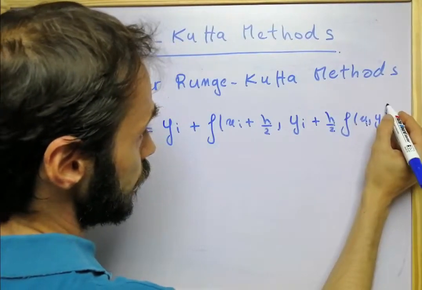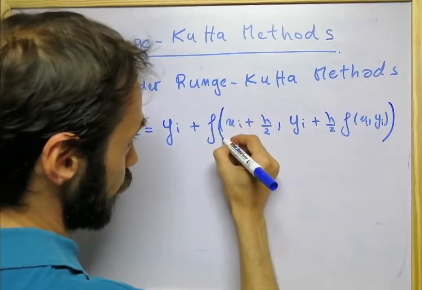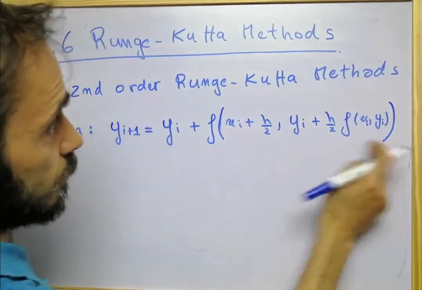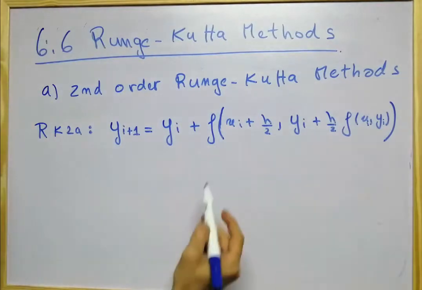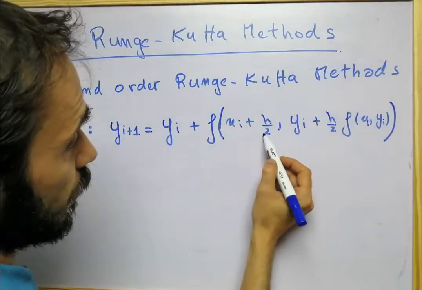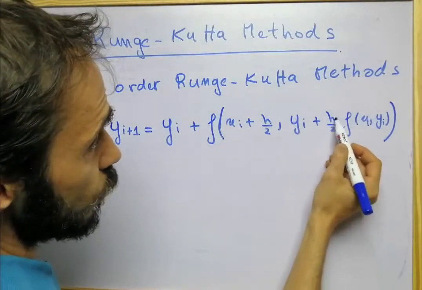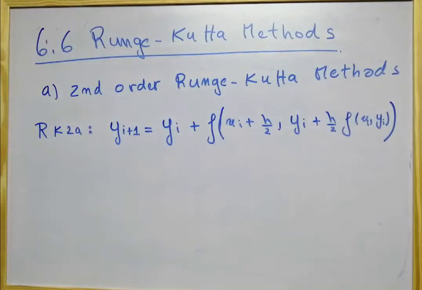Okay, so the parenthesis is in front of all of this. So it's f of x i plus h over 2, y i plus h over 2 f of x i, y i.